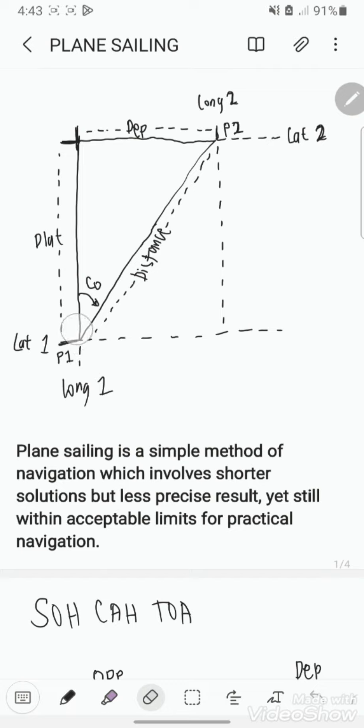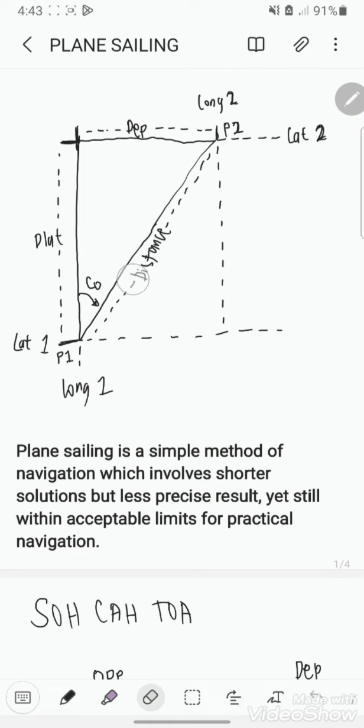This is your dlat, the distance between latitude 1 and latitude 2. The distance between them is what we call dlat, or difference of latitude.